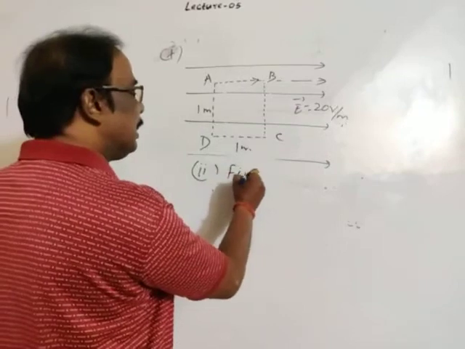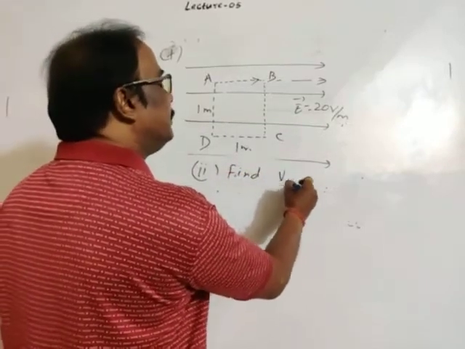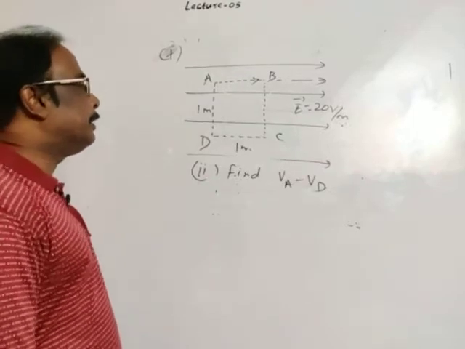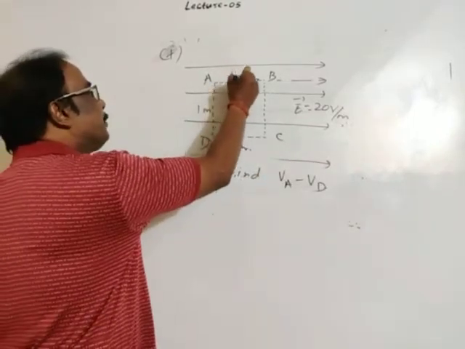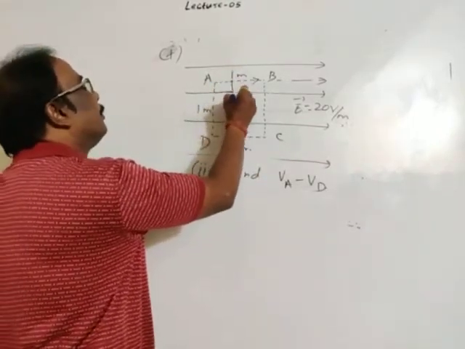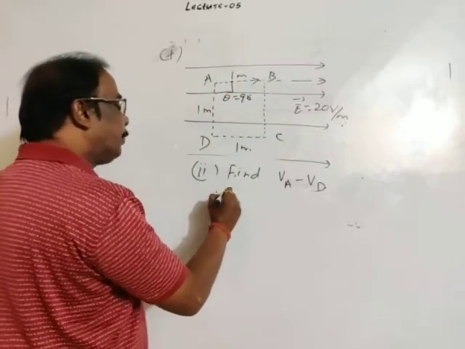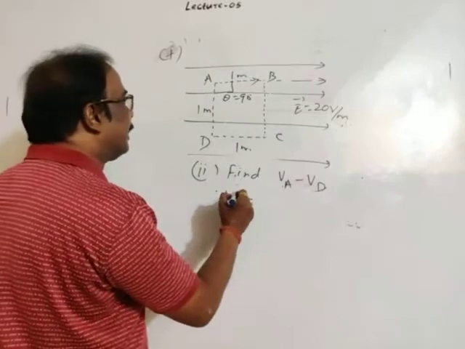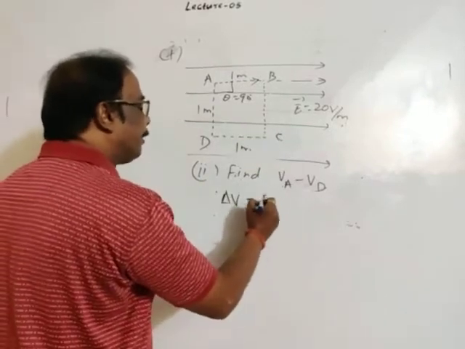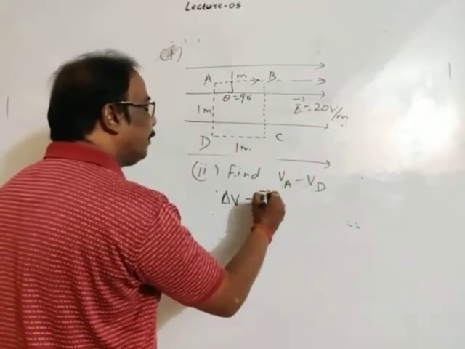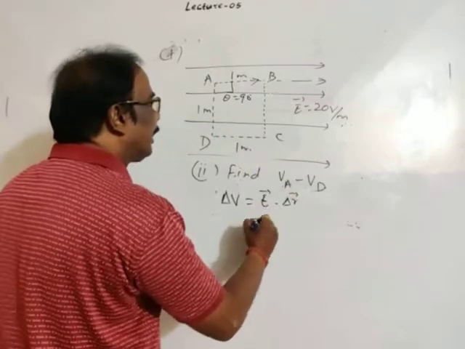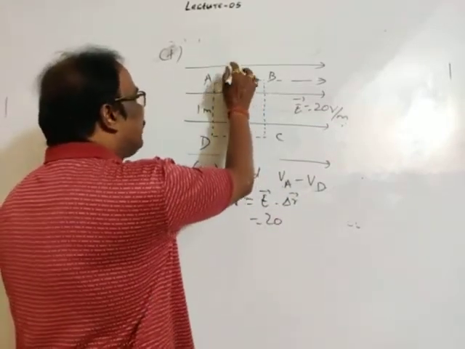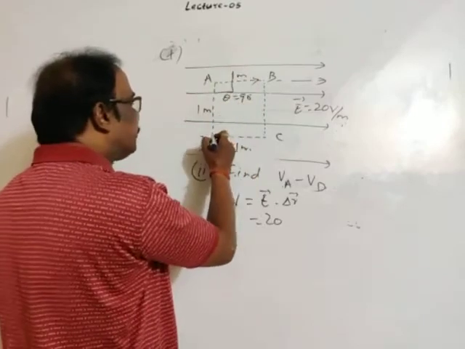Find the potential difference VA minus VD. This side is 1 meter, and this angle is 90 degrees. Then the potential difference VA minus VD, let's take delta V, is the electric field E dot delta R. The electric field is 20, delta R is 1 meter, and this component means AD.